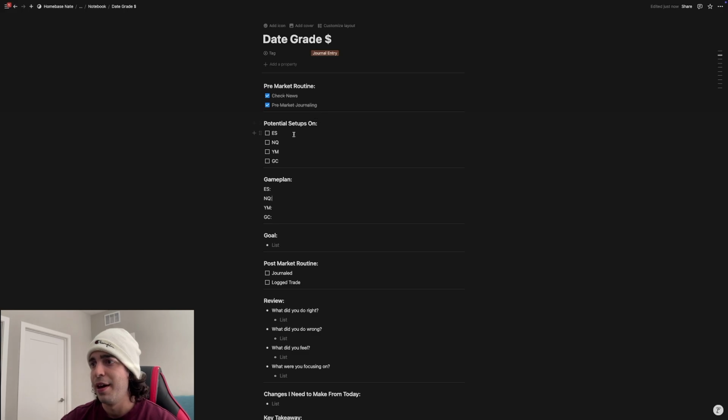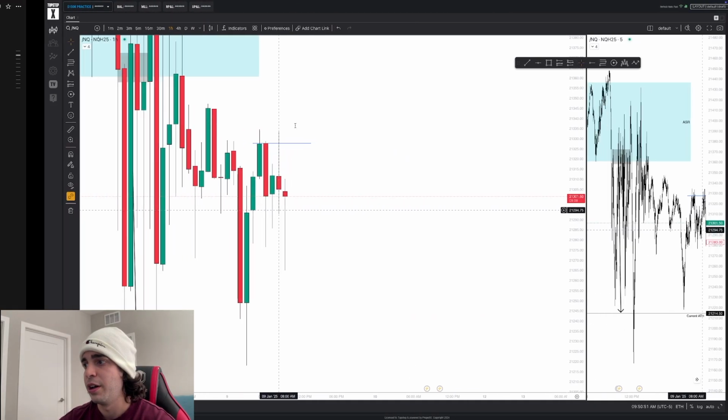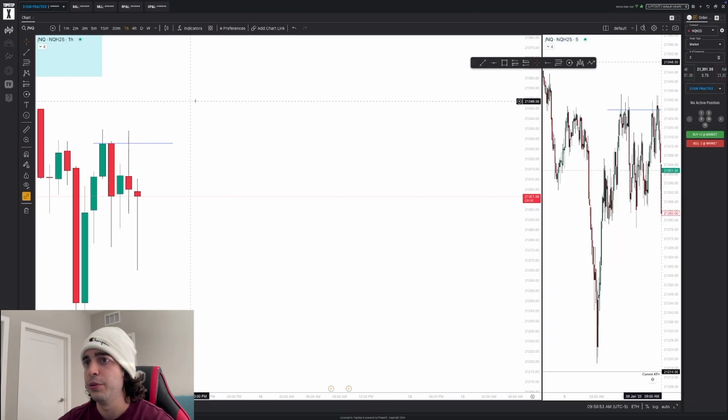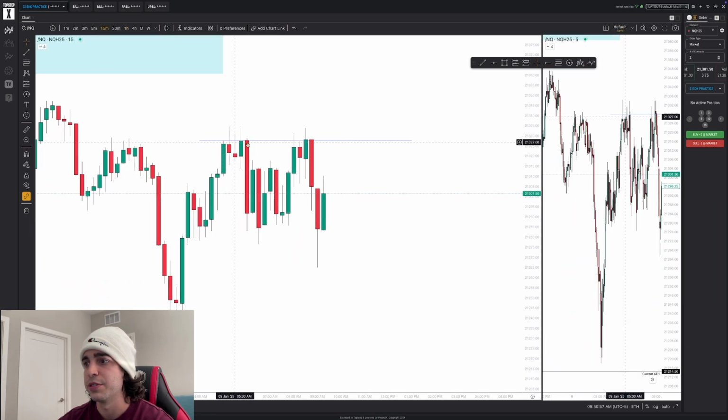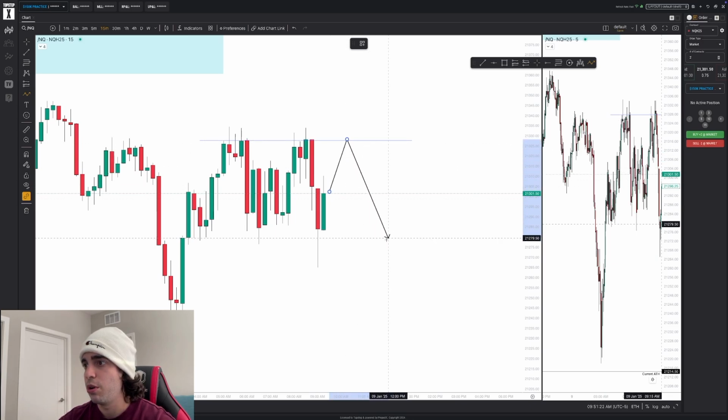So here I have the pairs that I mainly trade, and it says potential setups on. So I have NQ open up here. So let's go to the 15-minute chart. We see that there's this resistance level up here, and maybe we can find a third bounce. So I would do something like this, draw up what I'm exactly looking for.